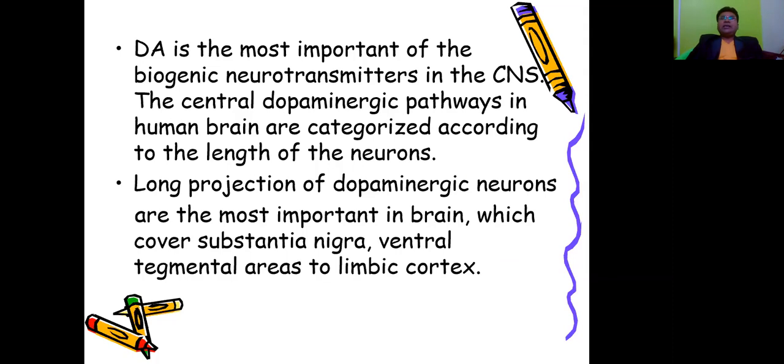Dopamine is the most important of the biogenic neurotransmitters in the central nervous system. The central dopaminergic pathways in the human brain are categorized according to the length of the neurons. The long projections of dopaminergic neurons are the most important part in the brain, covering the substantia nigra and the ventral tegmental areas to the limbic cortex.